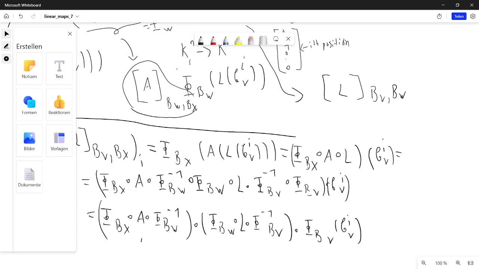Right, and we have established that this is just clear. This map does exactly the same as this map, goes exactly from the same space to the same space. So of course it's the same map just by definition of equality of maps.